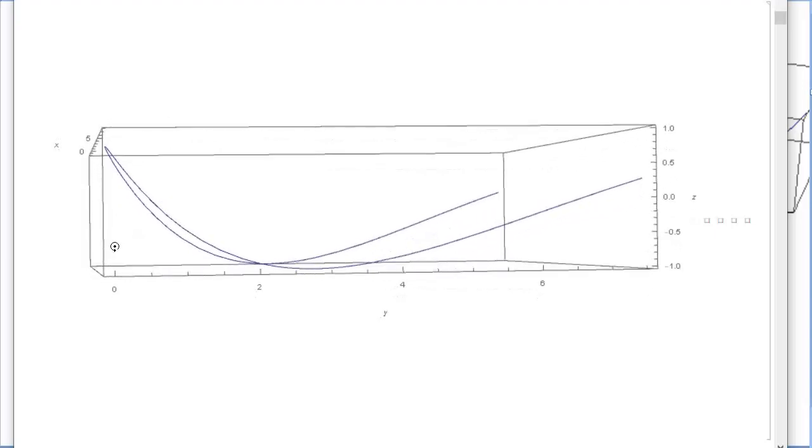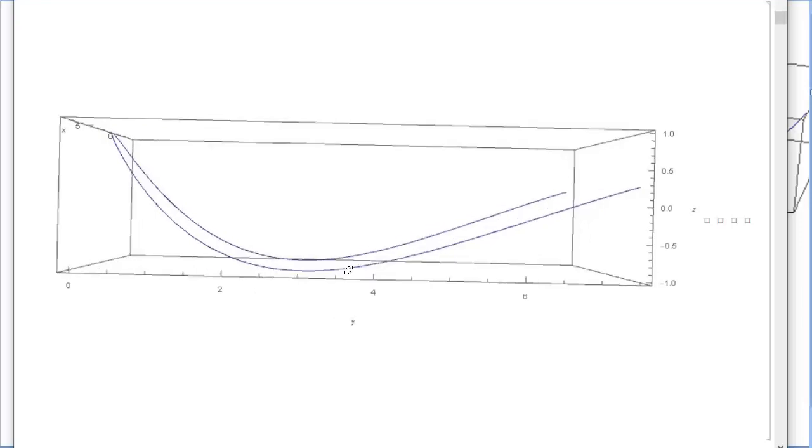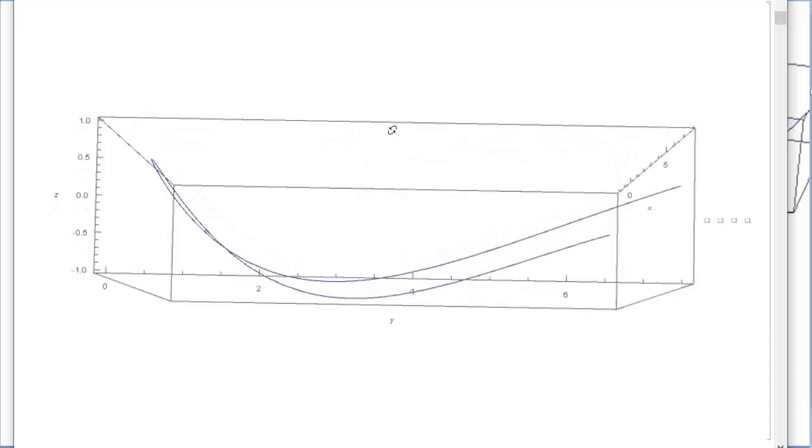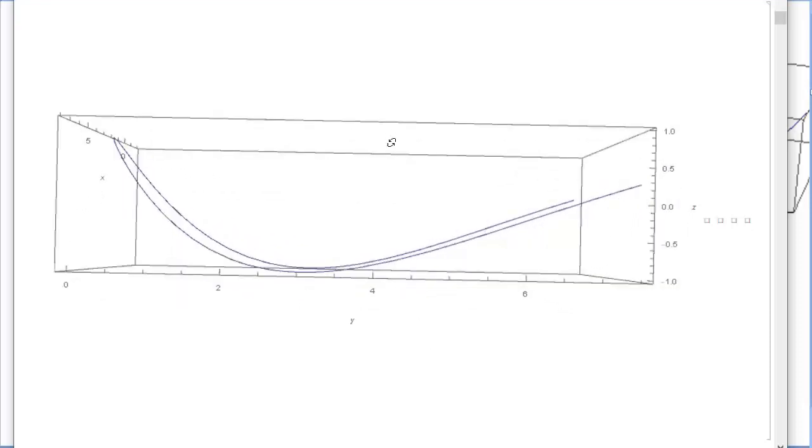It's going to be a little weird because it's three-dimensional, but let's take a look. There we go. Okay. So in this case, from the YZ perspective, it's a little hard to get the perspective right, but there you go. What we see is this thing kind of swooping down.